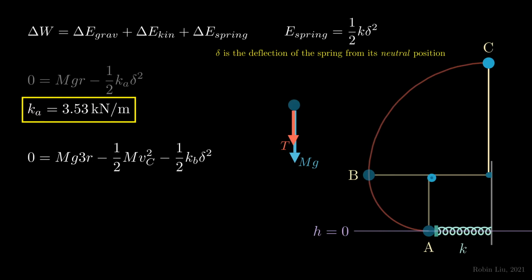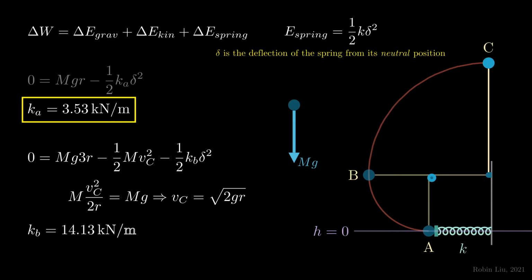We're told that tension is 0, so let's get that out of the way. And we're left with just gravity. The net force is equal to mass times acceleration, where the acceleration is centripetal, so we can find that the velocity at C is the square root of 2gr. Plugging this into the energy equation gives us a spring constant of 14.13 kilonewtons per meter.